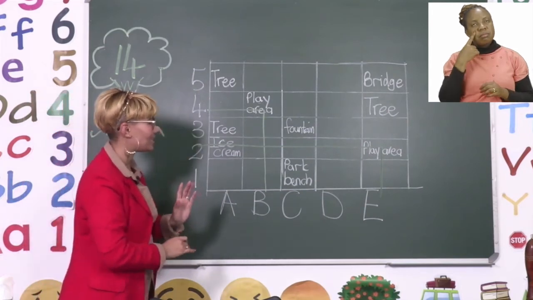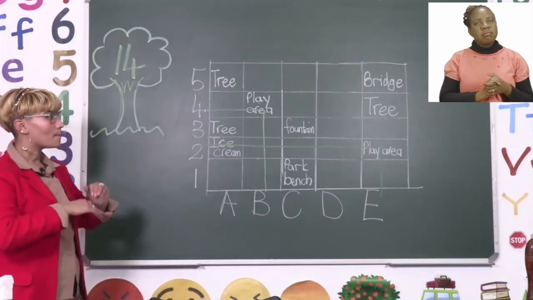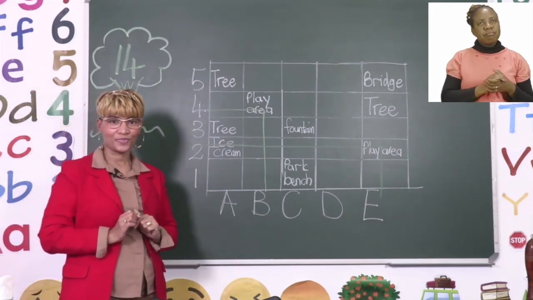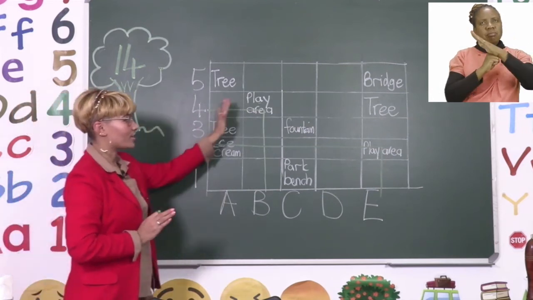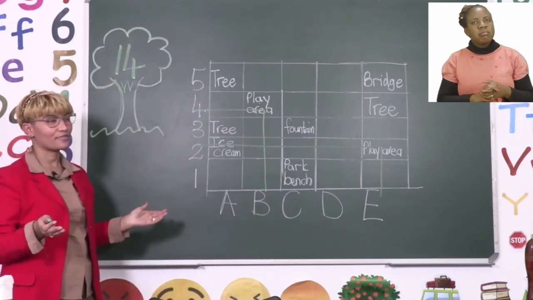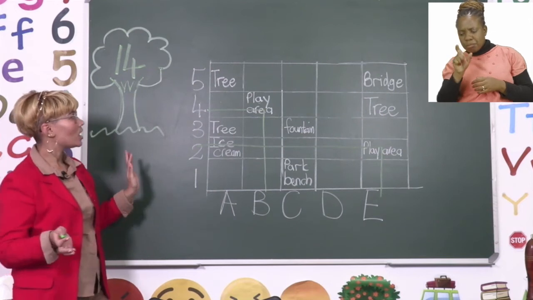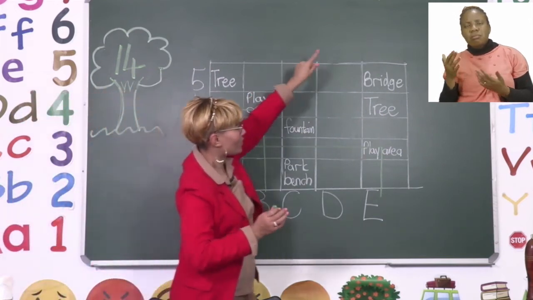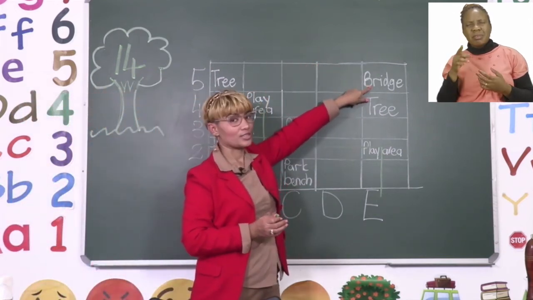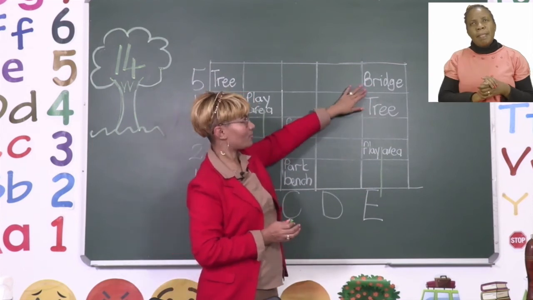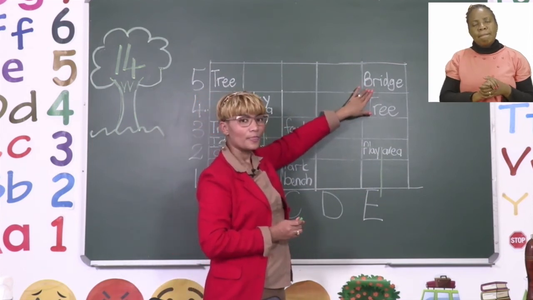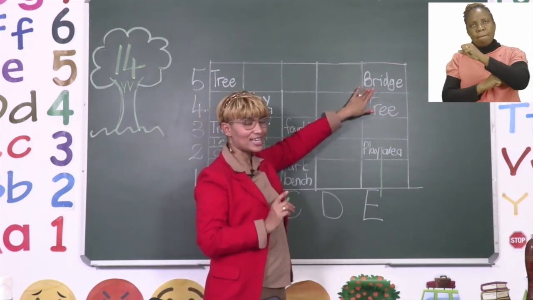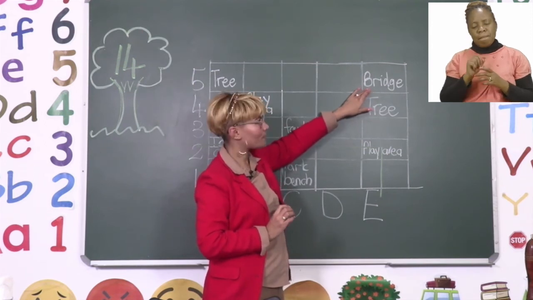Now everyone, I'm going to try one more example with you and see if we can find, let's see, a bridge. So on the grid, where do we have the bridge? All the way over there. So now you look at the bridge and then we see, remember first the letter, then the number.